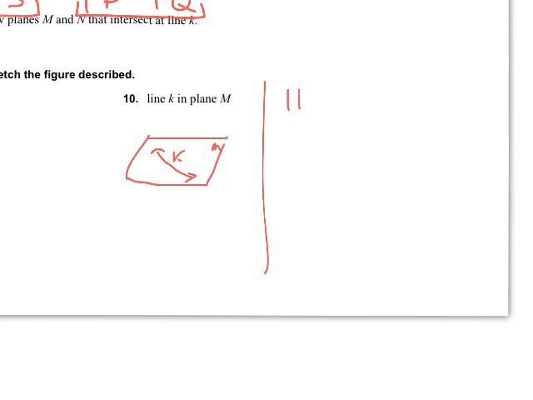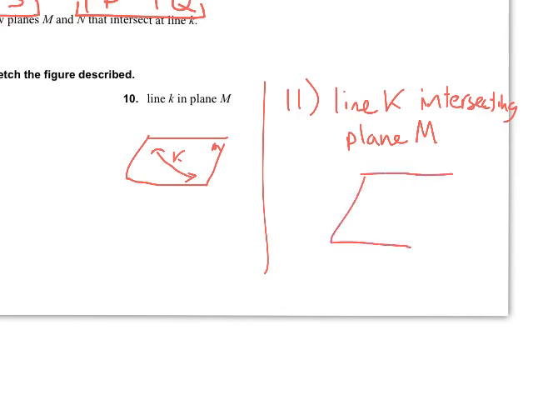Number 11 is going to be line K intersecting plane M. Number 10 was line K in plane M. I want you to do line K intersecting plane M. So here's plane M. That's going to look the same.